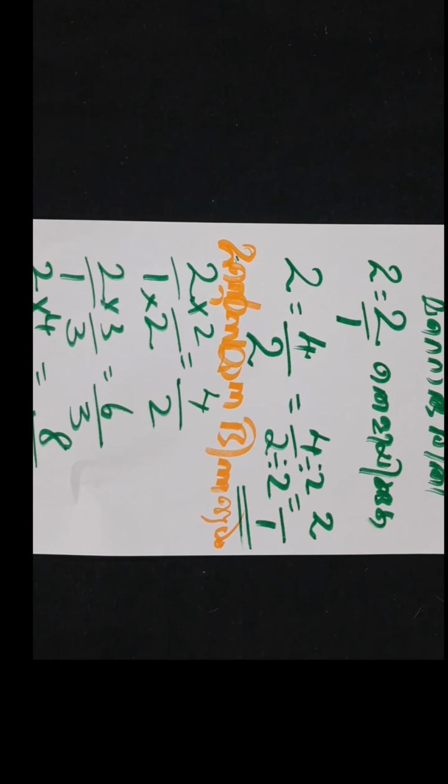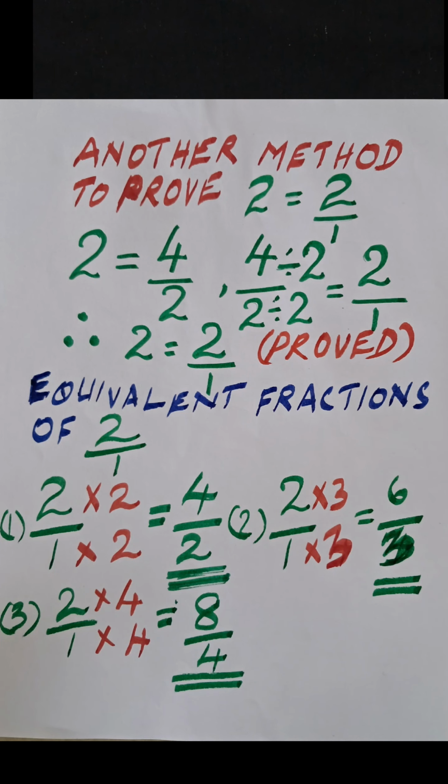Divide the numerator and denominator of the fraction 4 by 2 by 2. We will get the equivalent fraction, which is 2 by 1. It is equal to 2. So this proves that 2 is equal to 2 by 1.